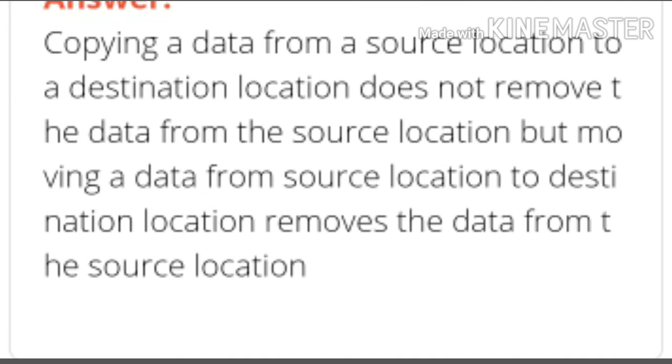But while moving, we are copying the same data into another location, but it gets removed from its original location. So when you see it, you will understand it more. Let's see how we can copy and move data.